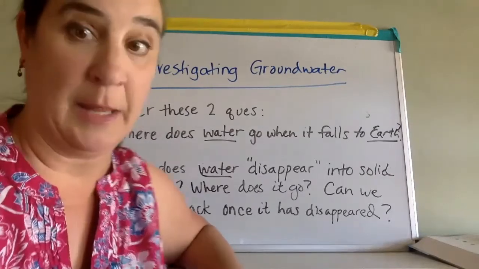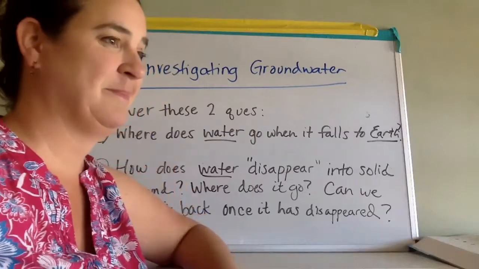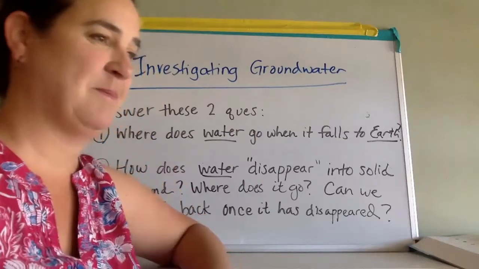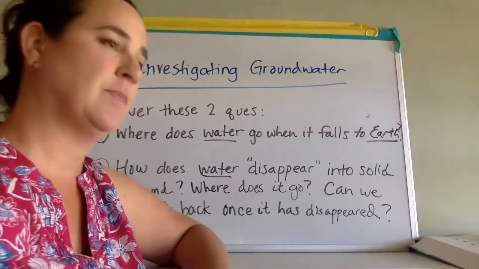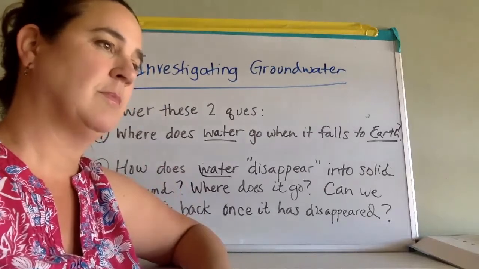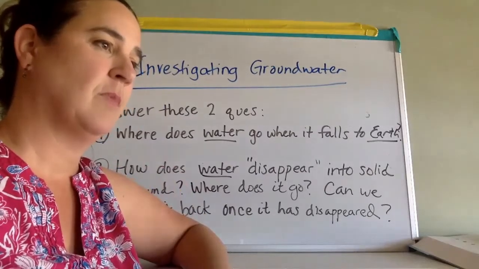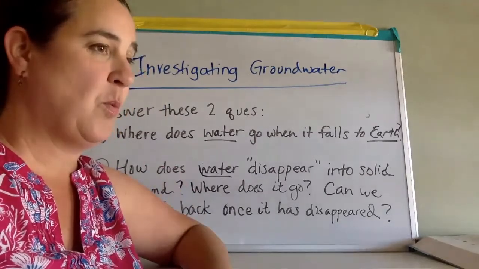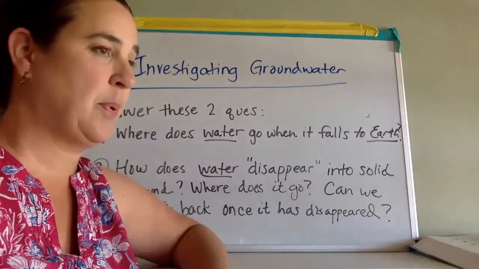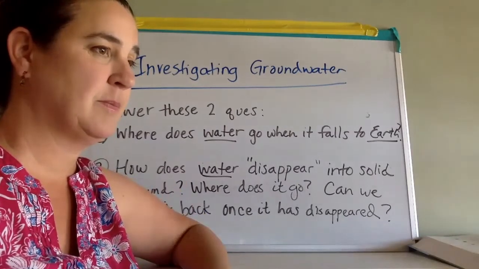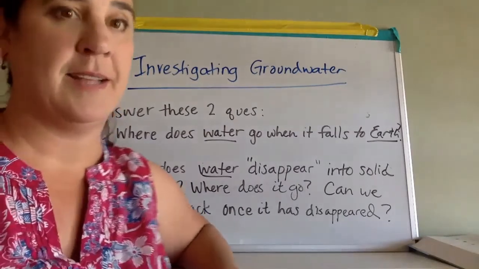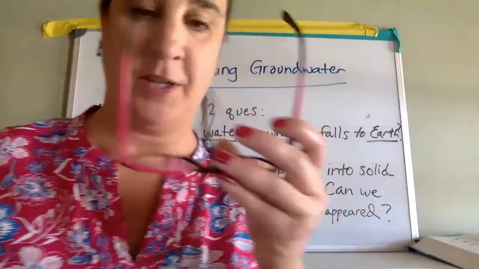Ooh, leaching, not a big word. It ends up in the groundwater in a big underground cave, essentially, full of fresh water. The rest of it is used to fertilize plants. Excellent answer. Maybe you don't need this video today.